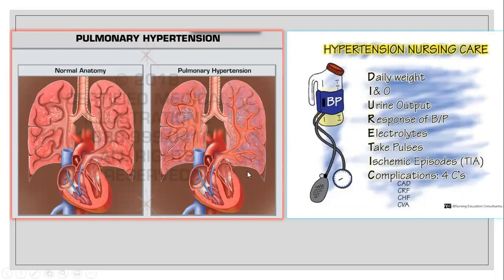When it is related, right? Question about pulmonary hypertension, but I want to recap. I want to remind you what the nursing care or interventions are for a hypertensive patient, hypertension nursing care.